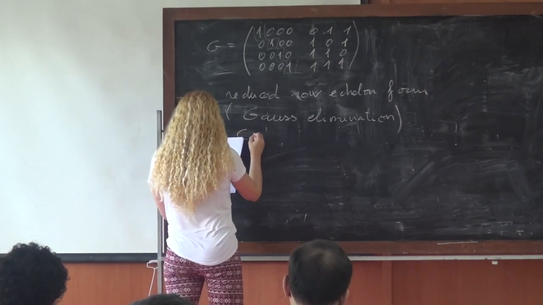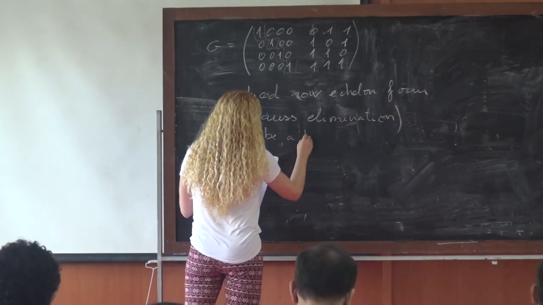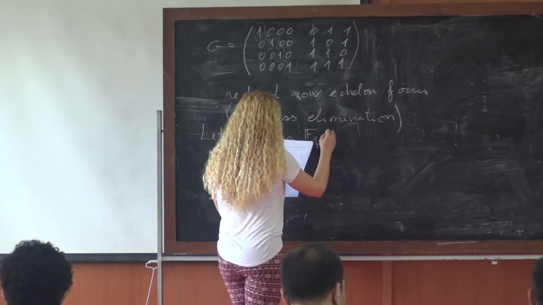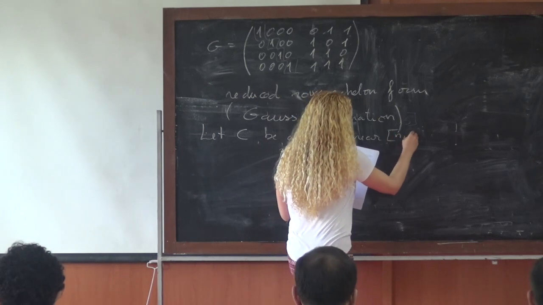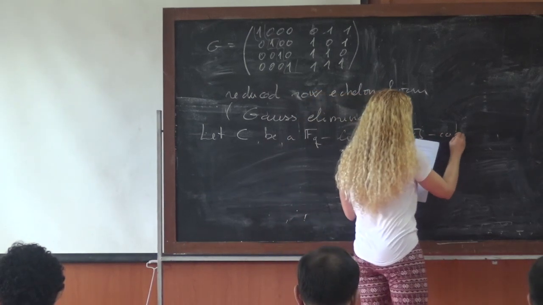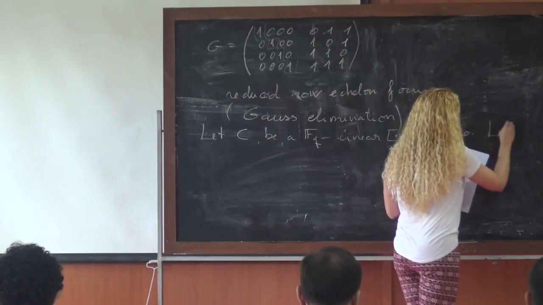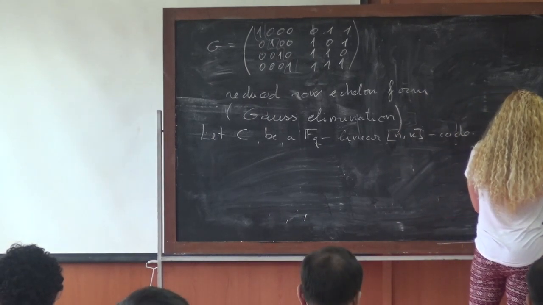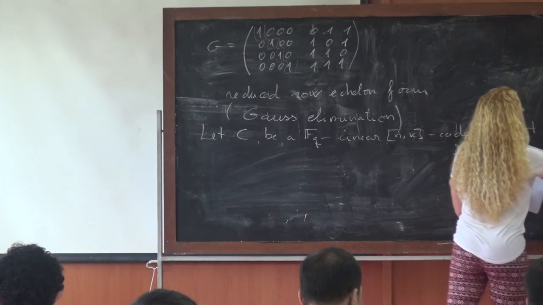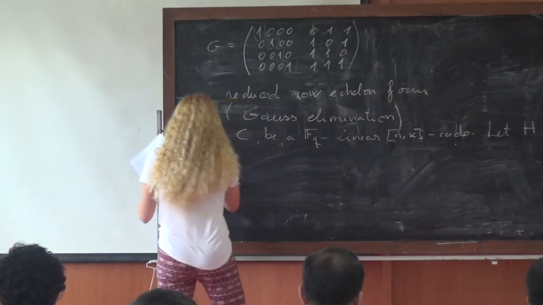So we start again with C, an F_q linear [n, k] code. And we take H, a matrix M times N. I'm going to say who is M later.